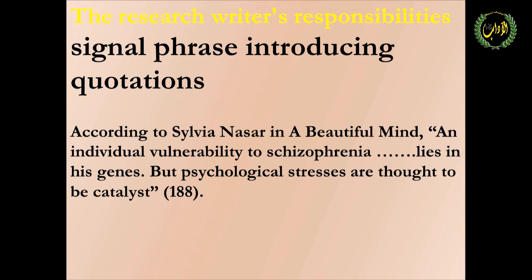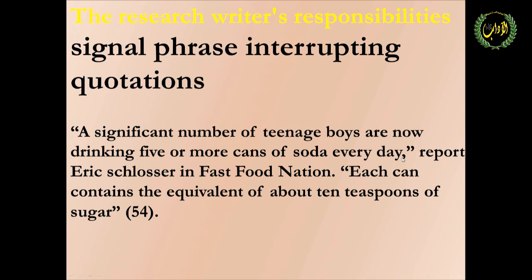These are three examples of a signal phrase used at the beginning of a quotation. Here, according to Sylvia Nasar in A Beautiful Mind, this is a book, so and so until the end, and then the number of the page. Now, this is an example of a signal phrase used in the middle of a quotation.